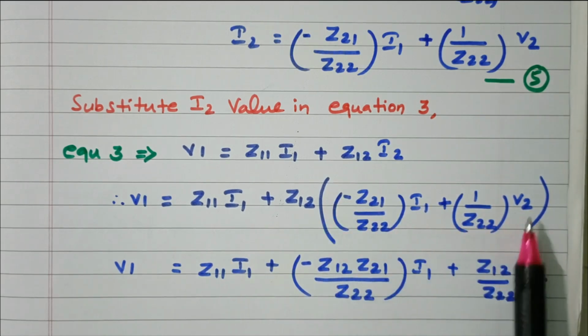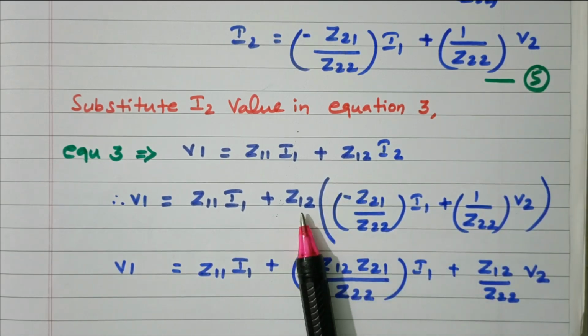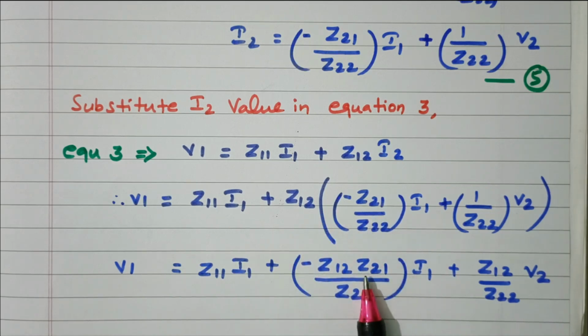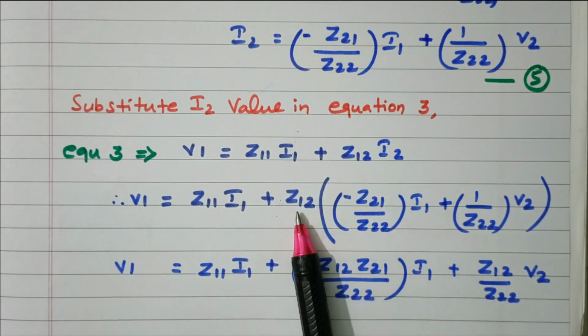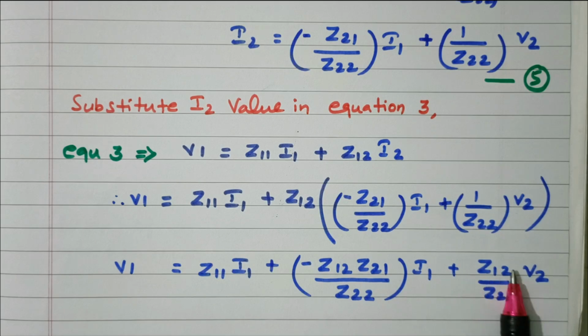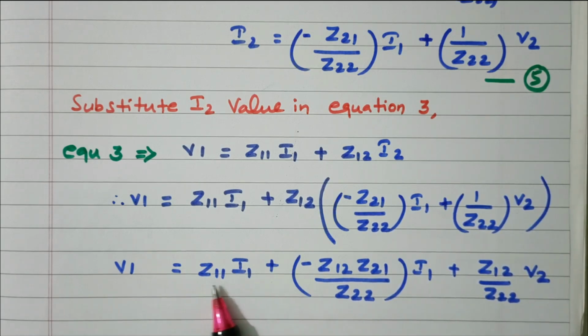Now multiply this Z12 inside. So Z12 into Z21 divided by Z22, negative is there. Then Z12 is multiplied here, so Z12 divided by Z22 into V2. So we have 3 terms.